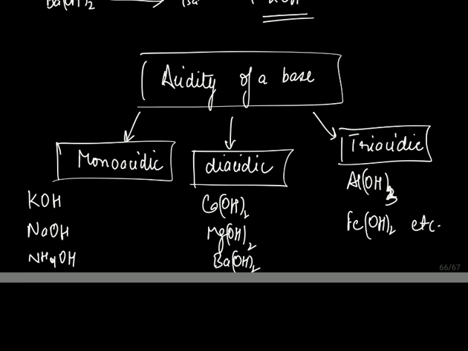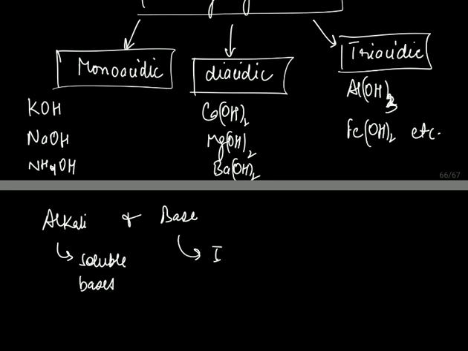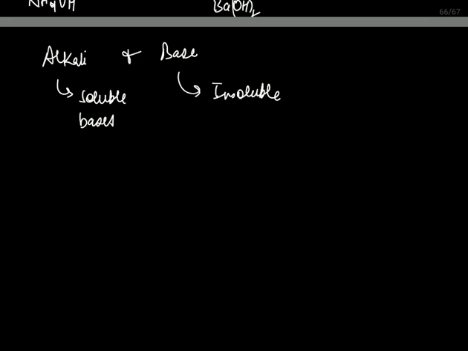But we need to remember one more thing about alkali and base. What's the difference? Normal alkalis are soluble bases. We do have bases which are insoluble, and if they are insoluble in water, that means they are going to form precipitates. So we have this ferrous hydroxide.